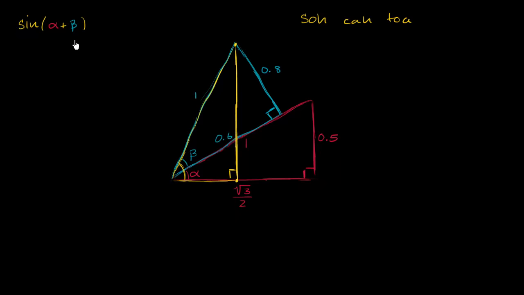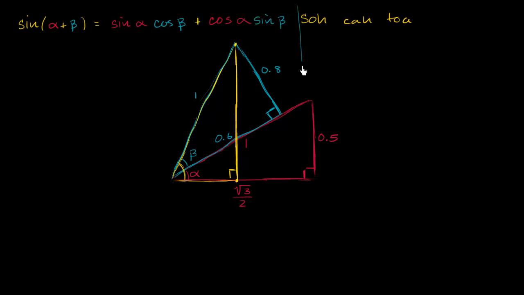And if you're familiar with your trig identities, something might be jumping out at you: we know a different way of expressing sine of alpha plus beta. It's the same thing as sine of alpha times the cosine of beta, plus the other way around, the cosine of alpha times the sine of beta.